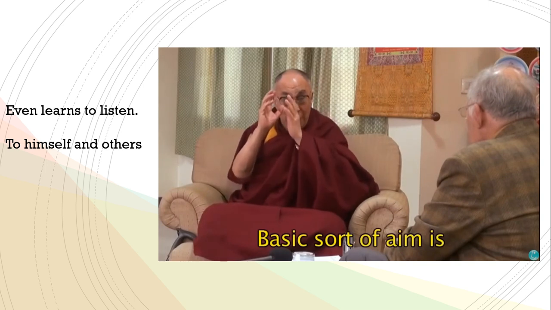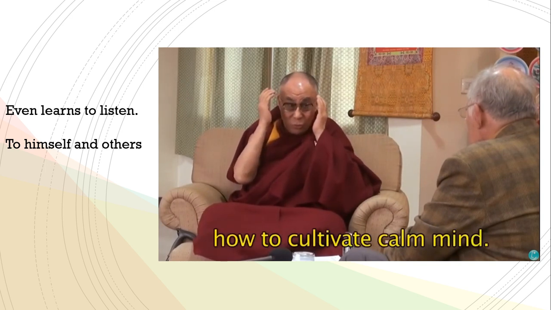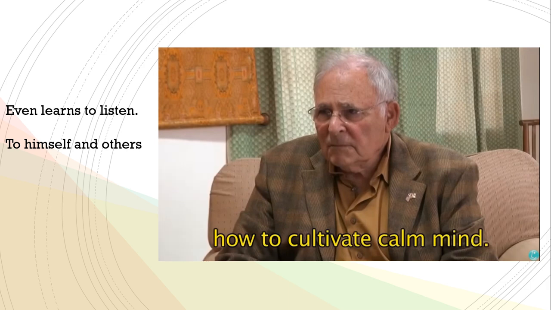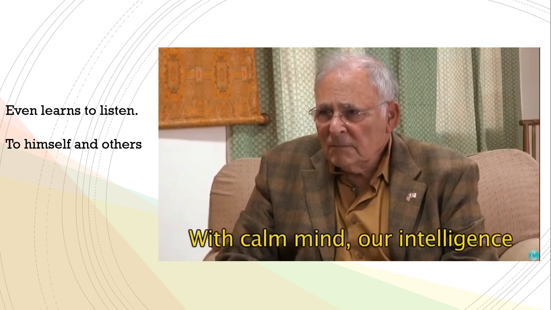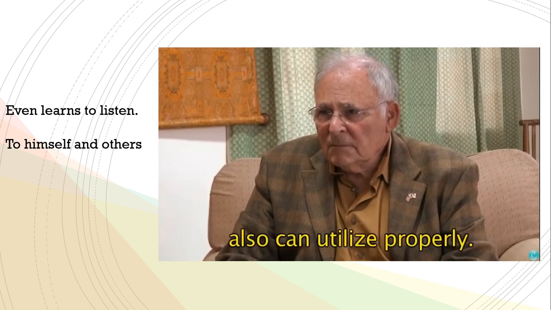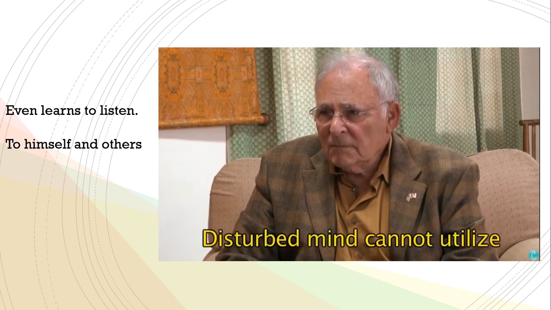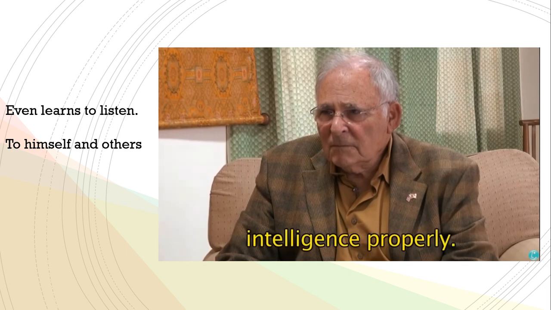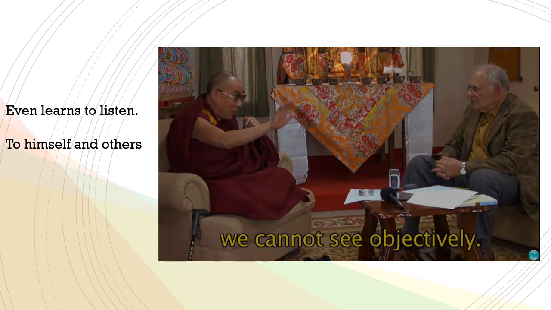Basic sort of aim is how to cultivate calm mind. With calm mind, intelligence also can utilize properly. Disturbed mind, you cannot utilize because of the intelligence properly. We cannot see objectively.